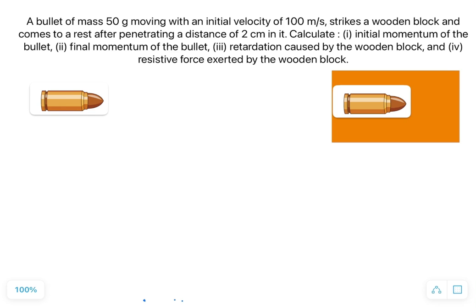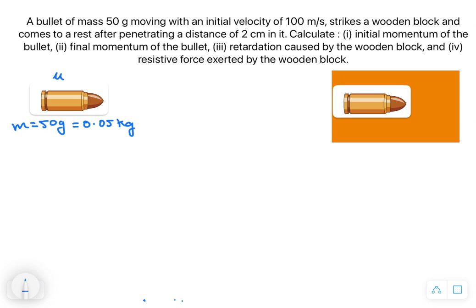A bullet of mass 50 grams moving with an initial velocity of 100 meters per second strikes a wooden block and comes to a rest after penetrating a distance of 2 centimeters in it. Calculate initial momentum of the bullet, final momentum of the bullet, retardation caused by the wooden block, and resistive force exerted by the wooden block. Mass of the bullet is 50 grams, that will be equal to 0.05 kilograms.